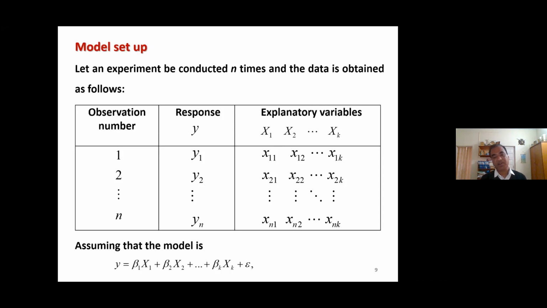So now we have the observations in this format. All the x1, x2, xk are going to be my input variables, and y is the output variable on which we have obtained the data.